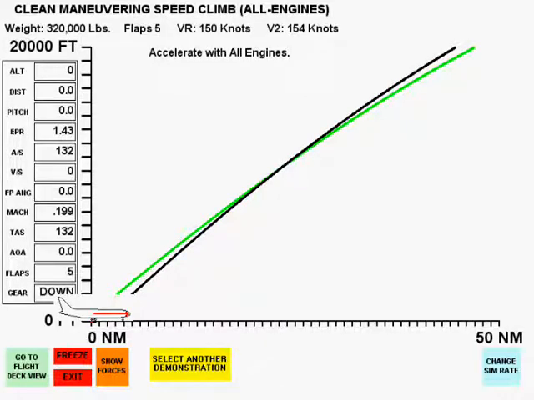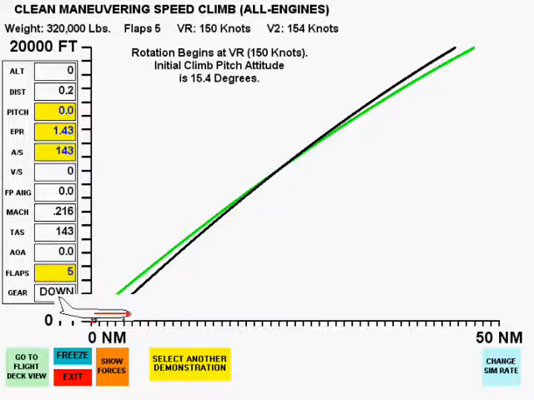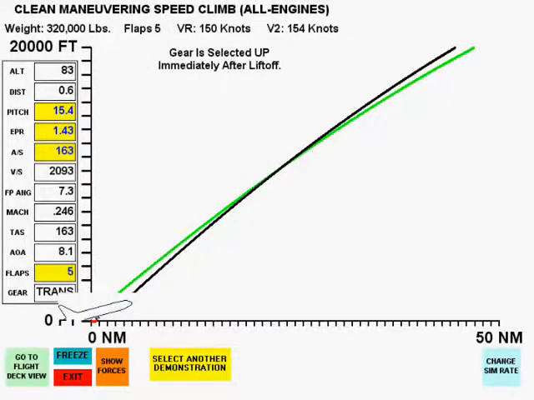This case is similar to the last case, but instead of accelerating to the best angle of climb speed, 215 knots, we will instead continue to the clean maneuvering speed for this weight, which is 228 knots. Rotation, liftoff, positive climb, gear up, and initial climb at 161 knots.